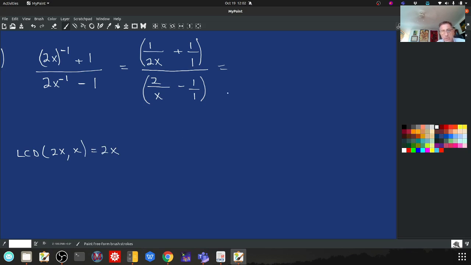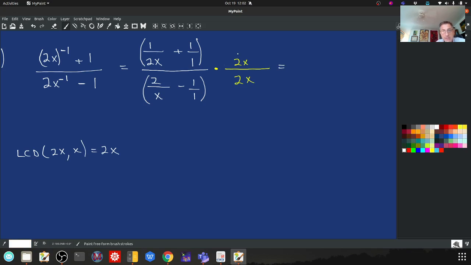So I'm going to erase this equals, because I'm not going to do anything that's going to require an equal sign, but I am going to multiply it by a new fraction, which is equivalent to 1, when the numerator and the denominator are the same, and I'm going to go ahead and do that.